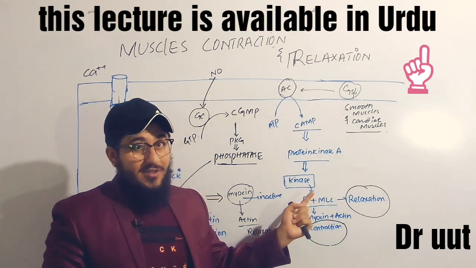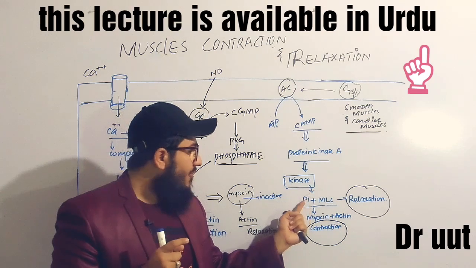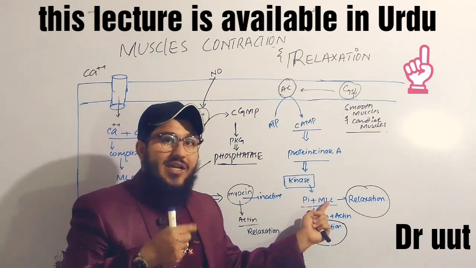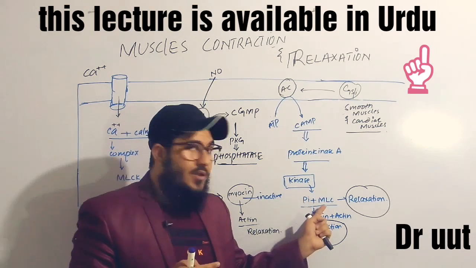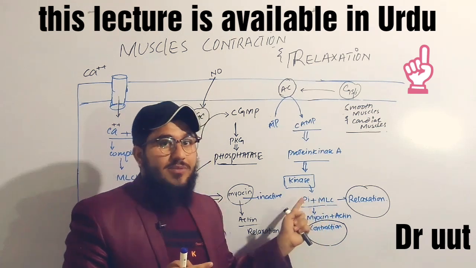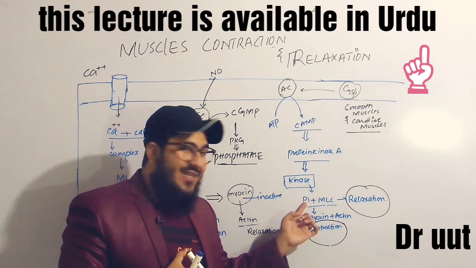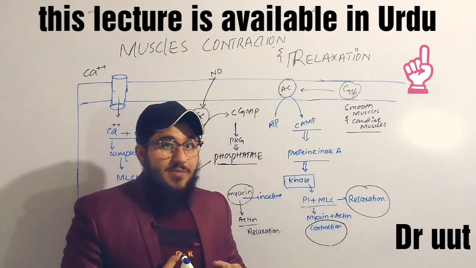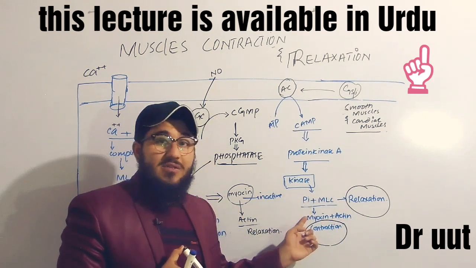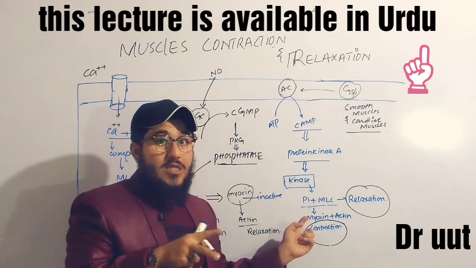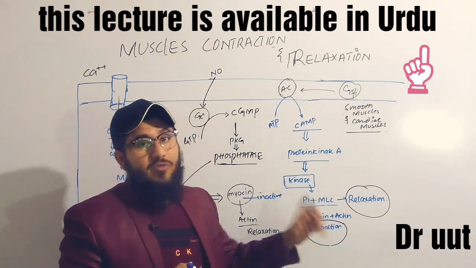And here is a bit tricky way. When the phosphate is added into the myosin light chain, this will become sometimes activated, sometimes inactivated. Meaning that when phosphate is added into myosin light chain, sometimes the myosin will become active due to phosphorylation.